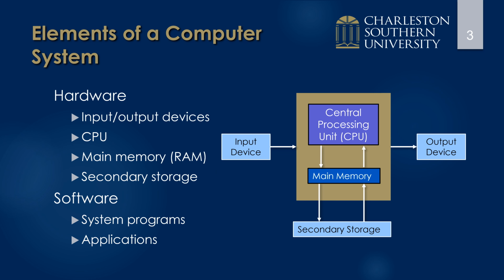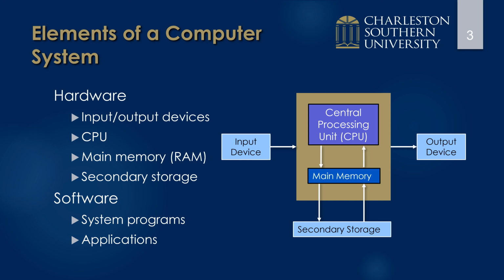Now, computer systems involve hardware and software, and we're going to talk about those components individually. Hardware is the physical stuff, the hard stuff that represents the computer, and the software is the systems that run on the hardware. That is the instructions that will have it perform and the data involved with that.